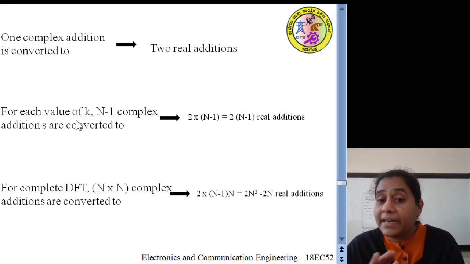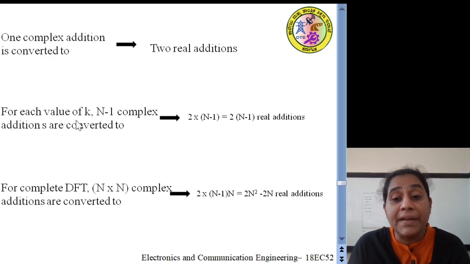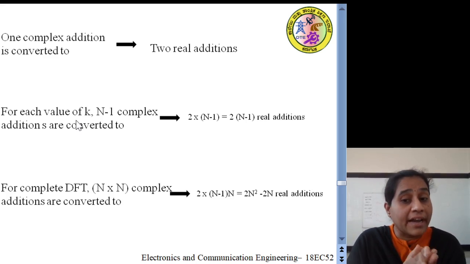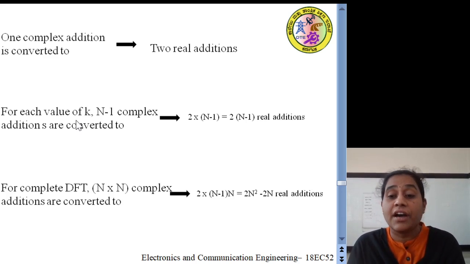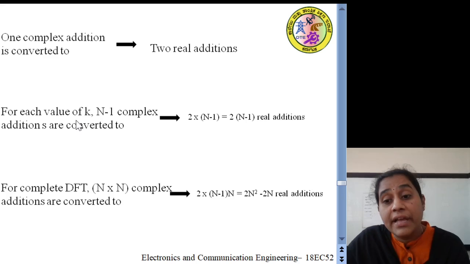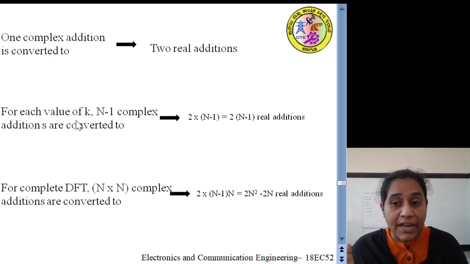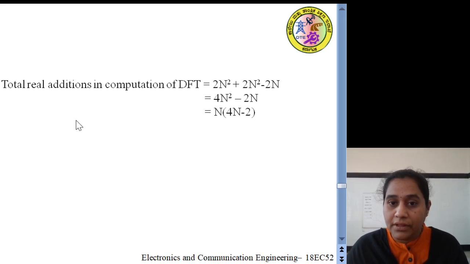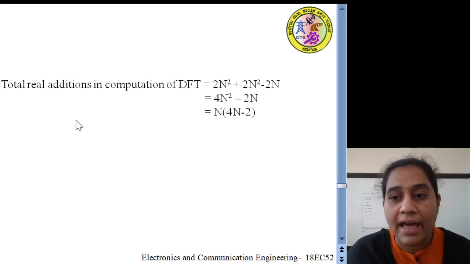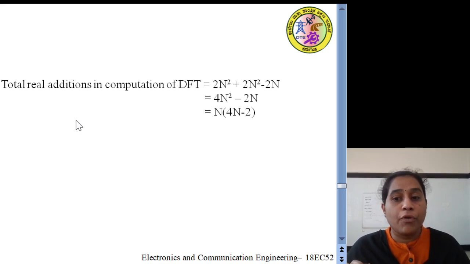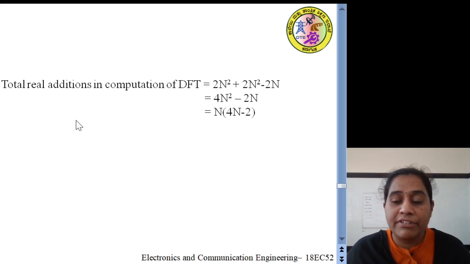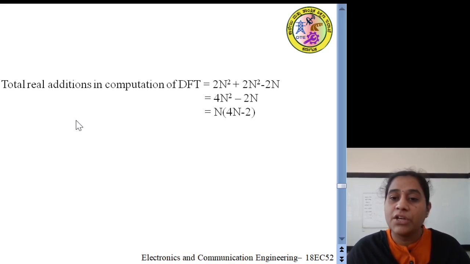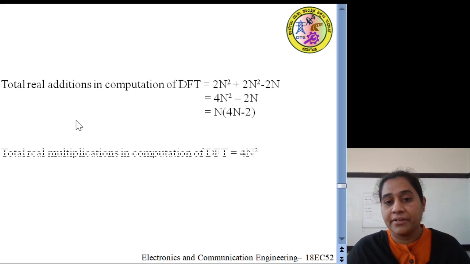So for complete DFT, there are n into n complex additions. So our n into n complex additions are converted into 2 times n minus 1 into n, that is 2n square minus 2n real additions. So total real additions in computation of DFT are 2n square plus 2n square minus 2n, that is 4n square minus 2n, which is equal to n into 4n minus 2 real additions.